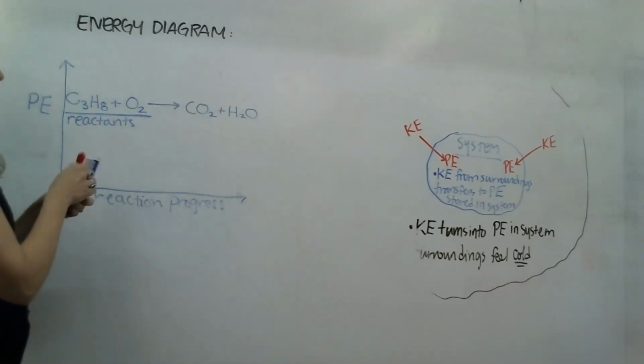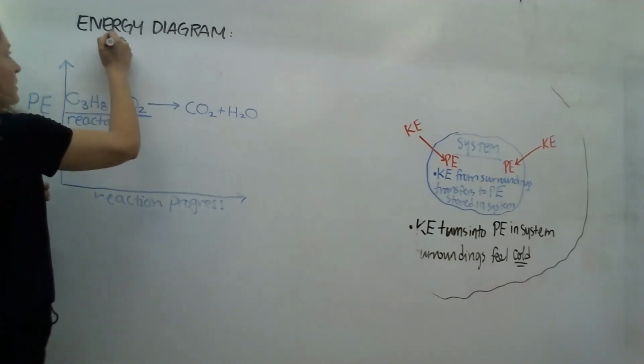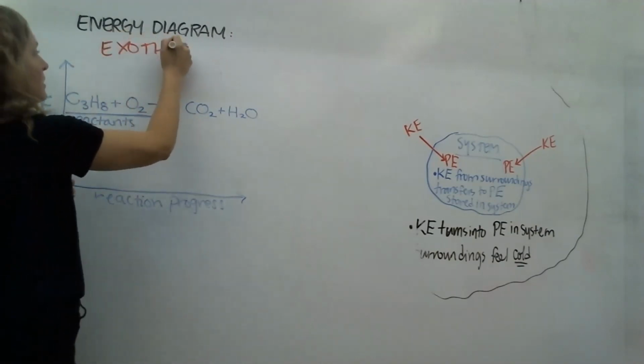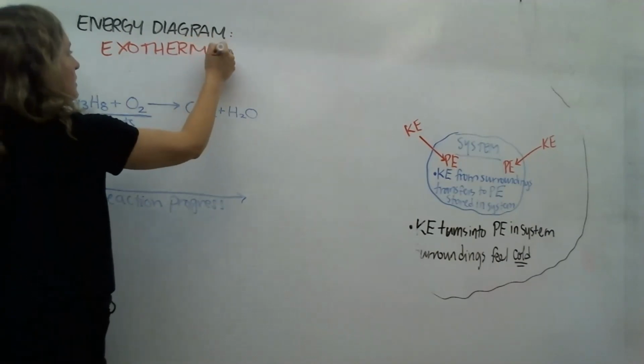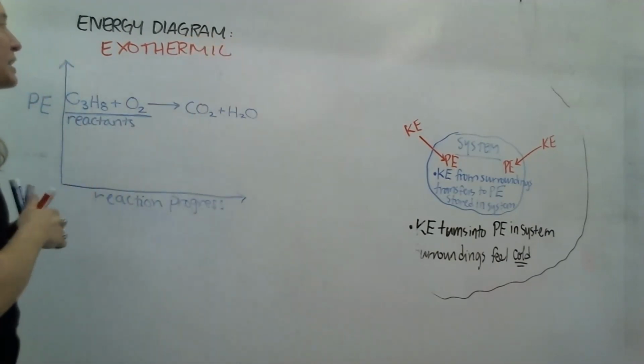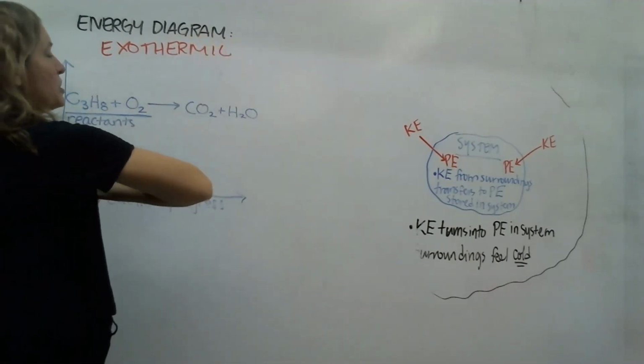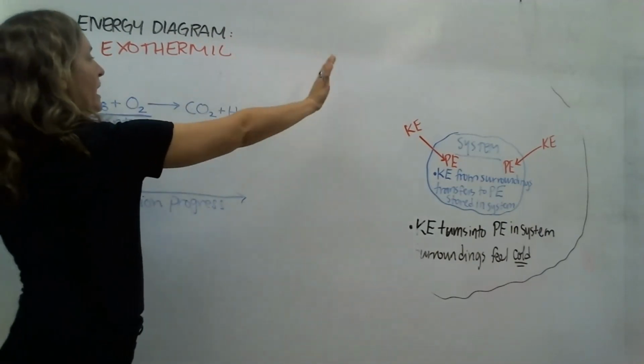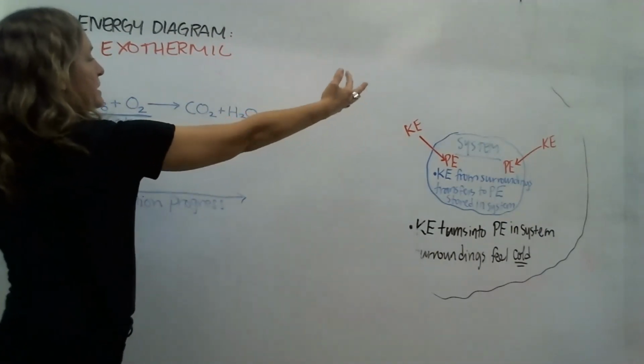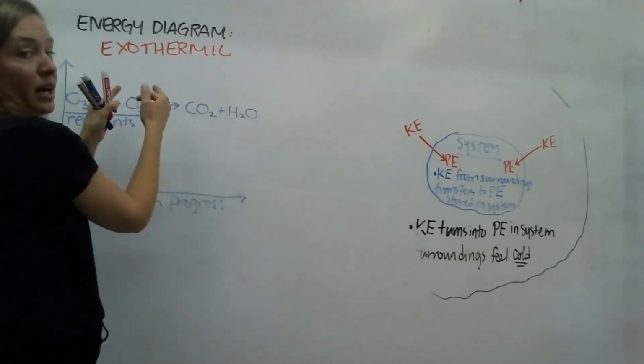And this is the exothermic, right? So remember, for exothermic, did the potential energy get transferred to kinetic energy going out, or did the system gain potential energy and come in?